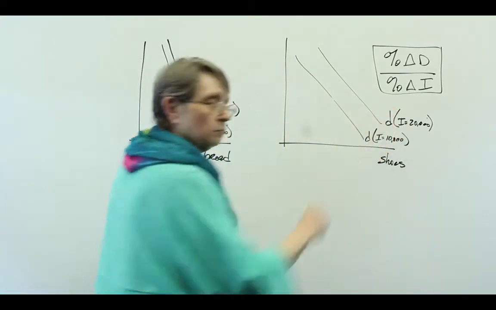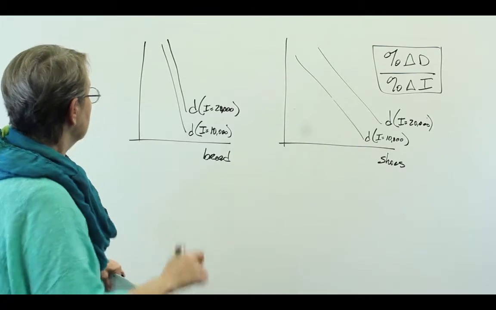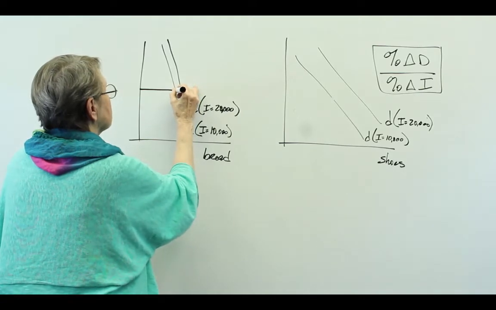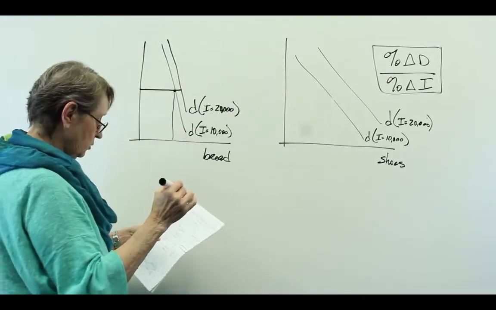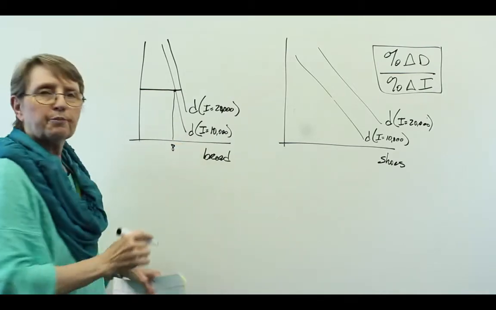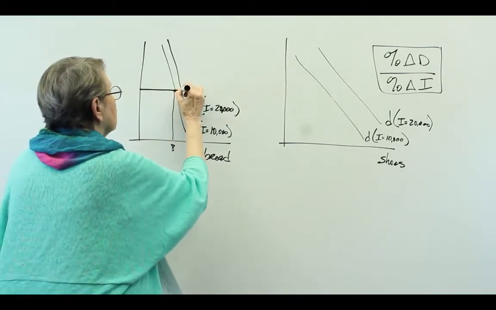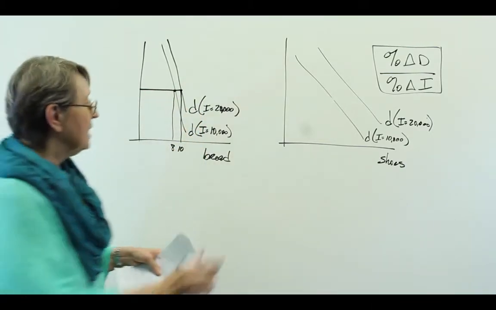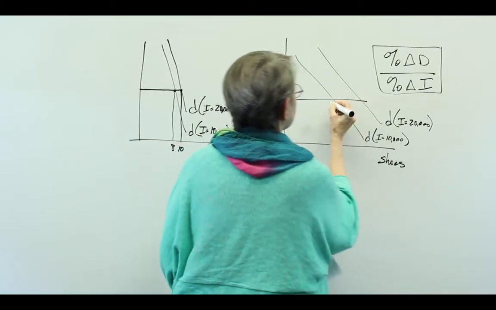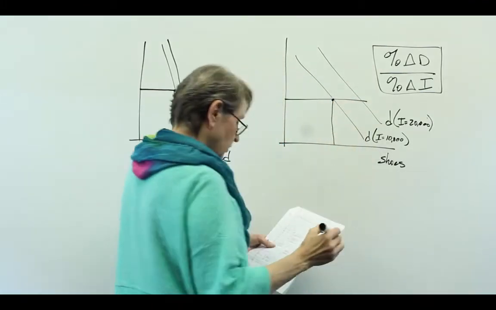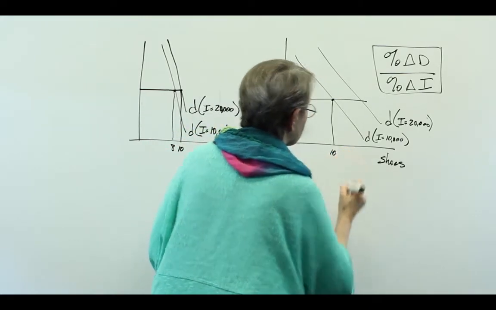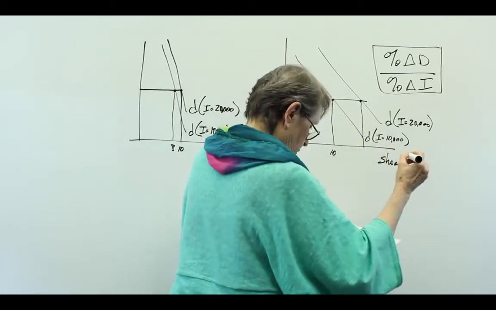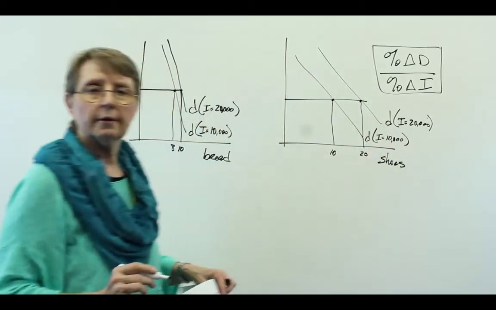And so let's just put a price in there, and let's say that demand increased from 8 loaves of bread per month to 10 loaves of bread per month. And over here, whatever the price was for shoes, let's say that the pairs of shoes increased from 10 pairs per time period to 20 pairs per time period.